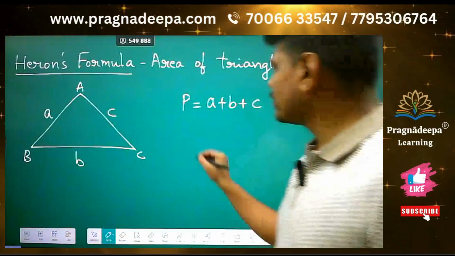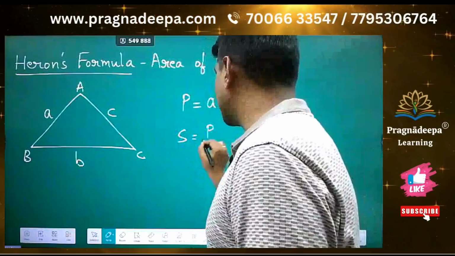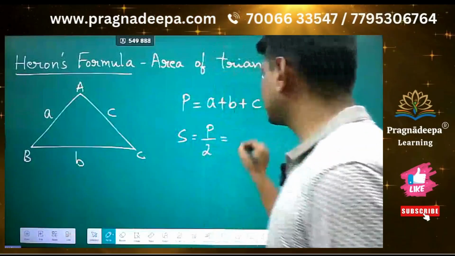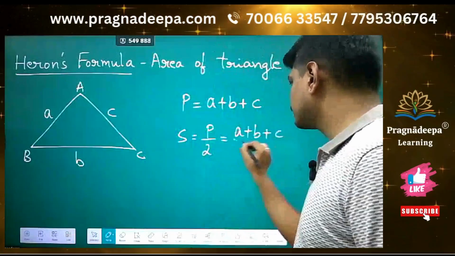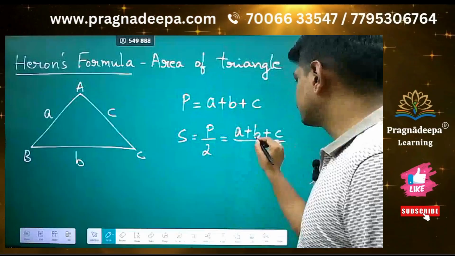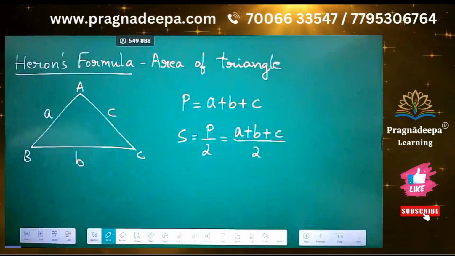Now what you do, you divide the perimeter by 2 and we call that the semi-perimeter.